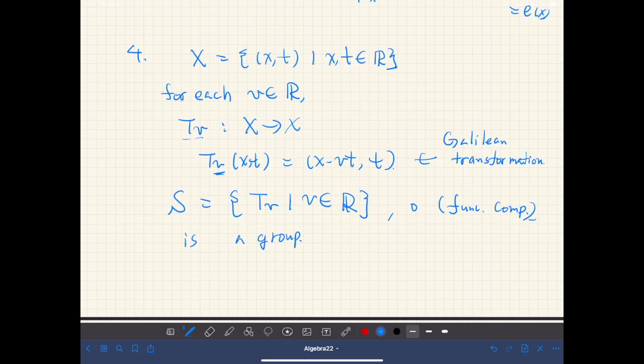So this transforms the space-time coordinates to the one that is moving with the velocity v.